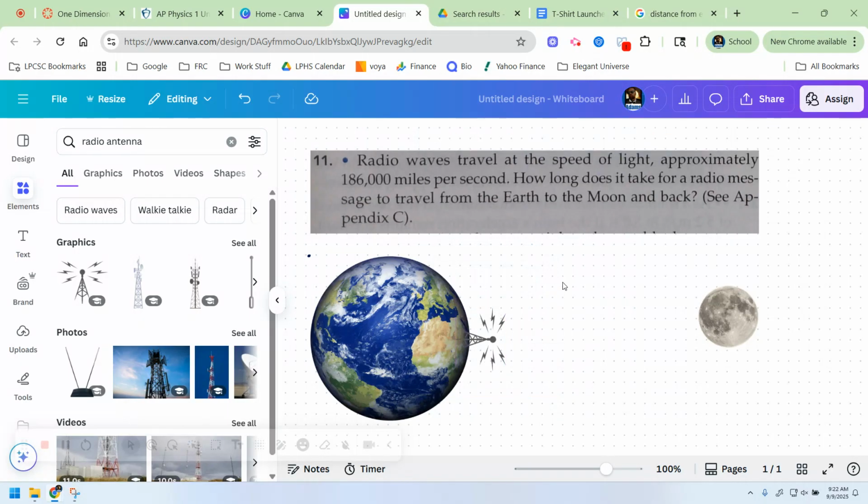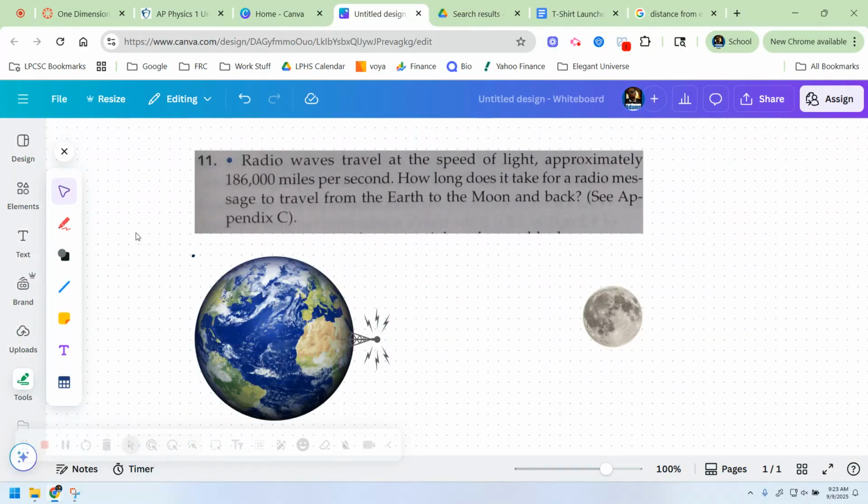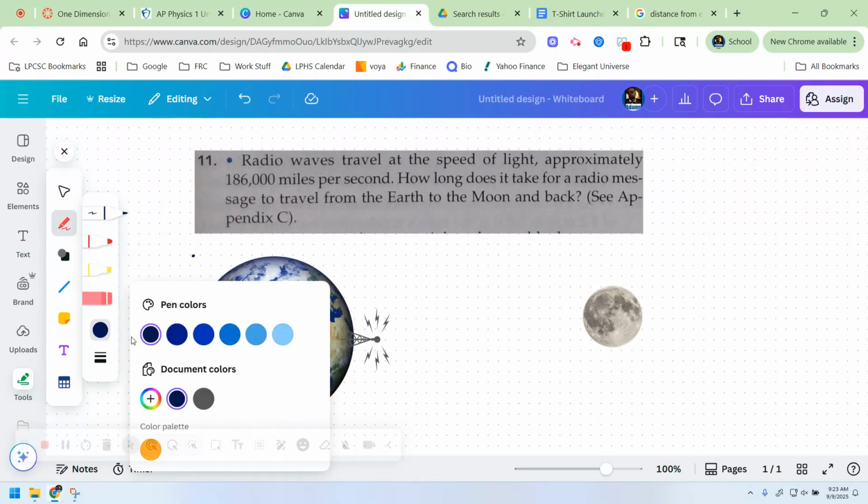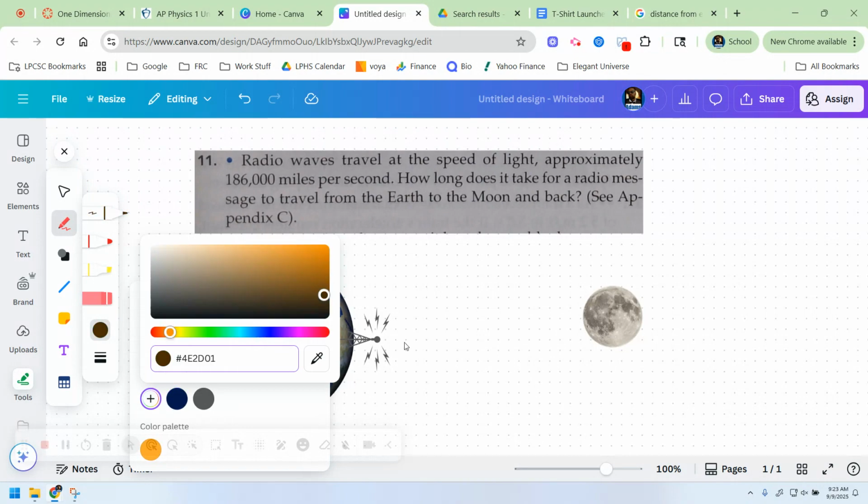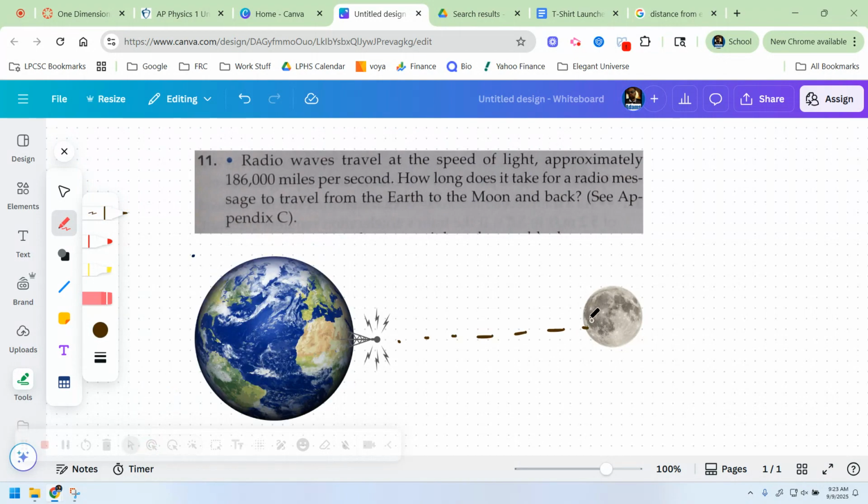All right, so what we want to do is figure out how long that takes. Essentially, that signal will go from Earth to the moon. How long does it take to travel to the moon and back? So my signal goes all the way to the moon and then bounces back.